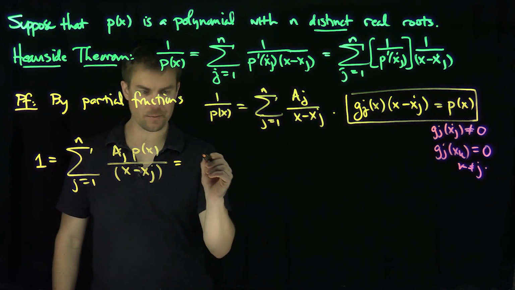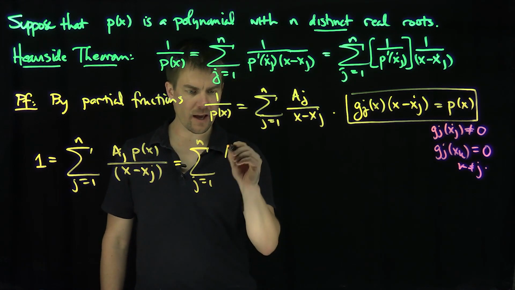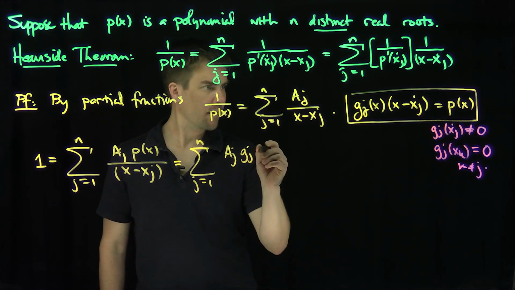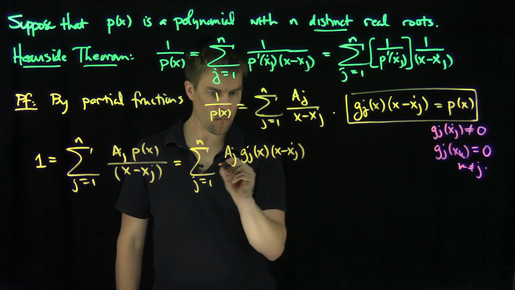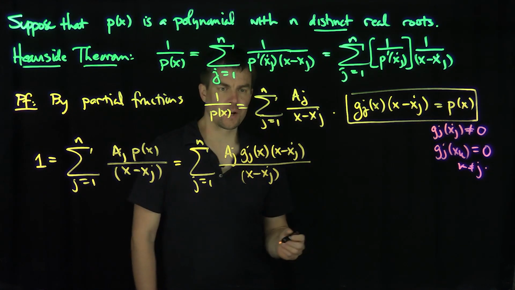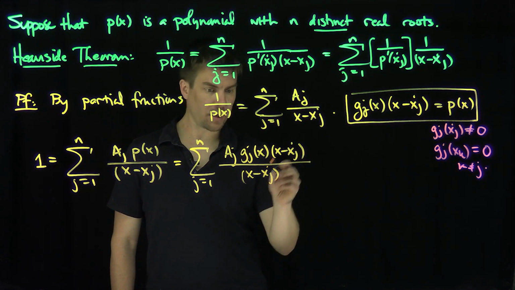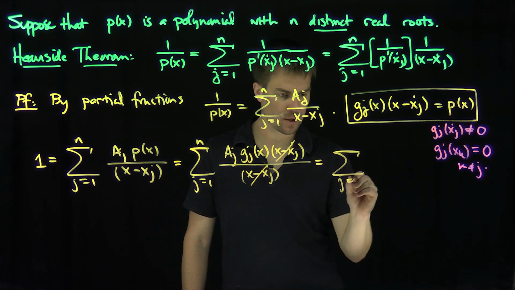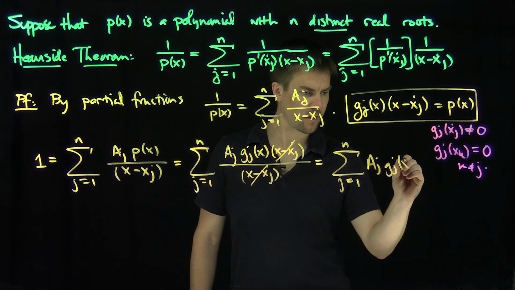So this becomes the sum of aj gj of x times x minus xj, all divided by x minus xj. At the non-roots of p, I can cancel these out, so this is equal to the sum, j goes from 1 up to n of aj gj of x.